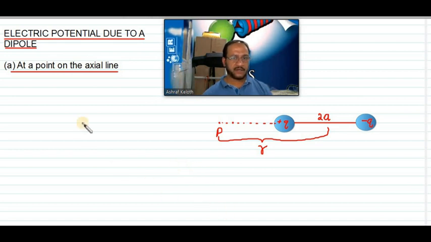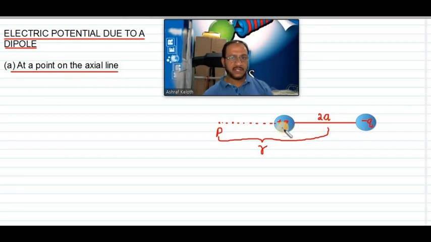Then write the introduction. Let P be a point at a distance r from the center of a dipole, constituted by plus q and minus q charges, separated by a distance 2a.